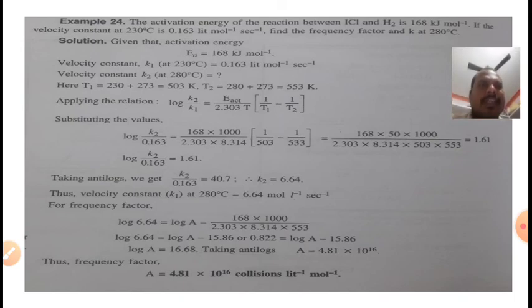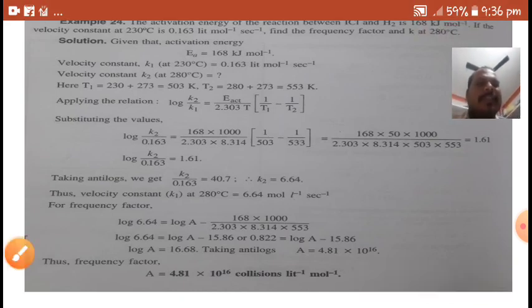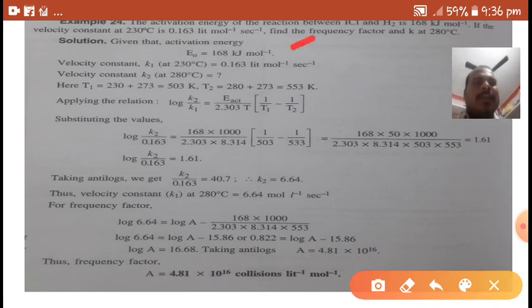Here the activation energy is given as 168 kilojoules per mole, and the velocity constant K1 at 230 degrees centigrade is 0.163 liter per mole per second. We have to calculate K2 at 280 degrees centigrade. T1 is 230 in centigrade, so I am converting it to Kelvin: 503 Kelvin. T2 is 553 Kelvin.